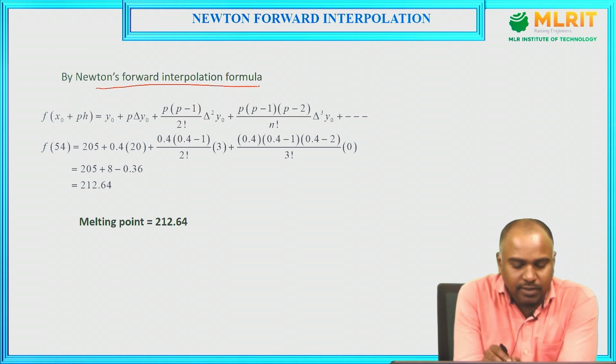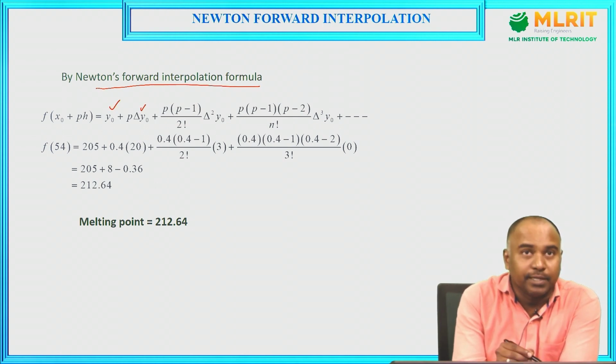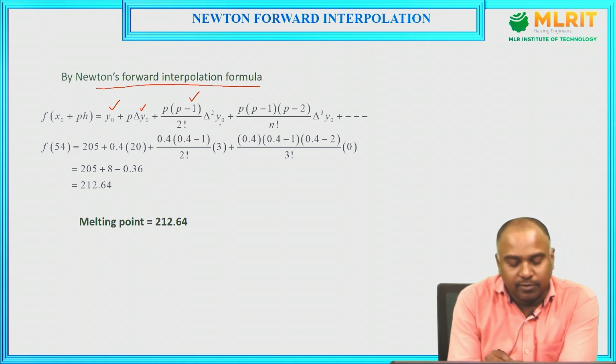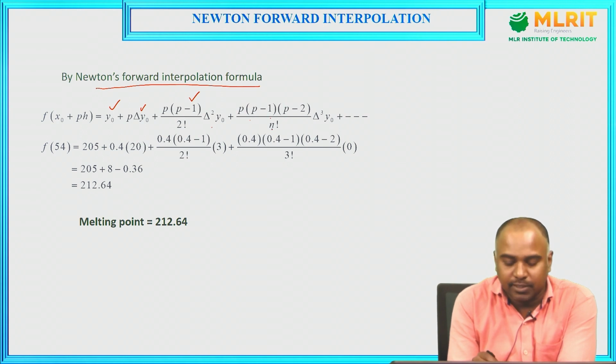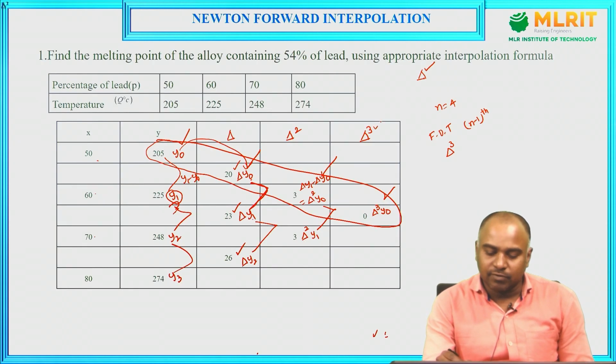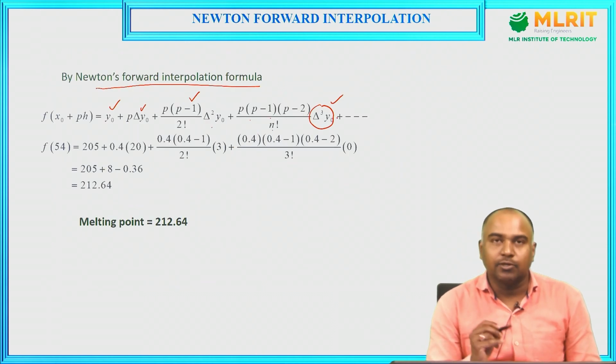Newton forward interpolation formula: y0 plus p delta y0 plus p into (p minus 1) by 2 factorial delta square y0 plus p into (p minus 1) (p minus 2) by 3 factorial delta cube y0. Since the table consists of delta cube, we write the formula up to delta cube y0.